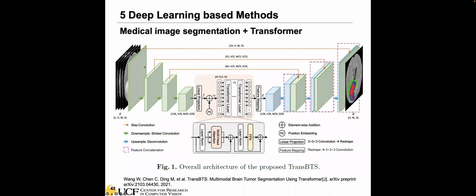You have the 3D CNN to do the encoding, the downsampling path. You have the skip connections, injecting the previous encoder features. But in the middle, you have this transformer layer to model those long distance relationships before you go through the decoder part.